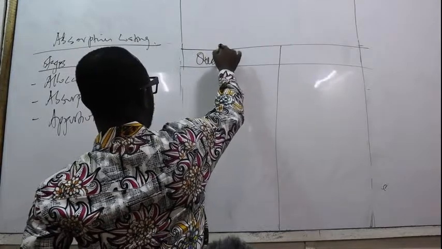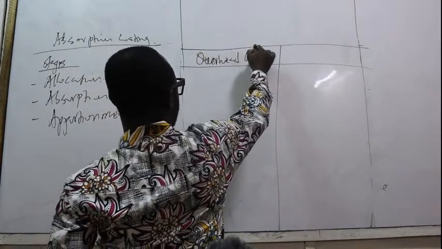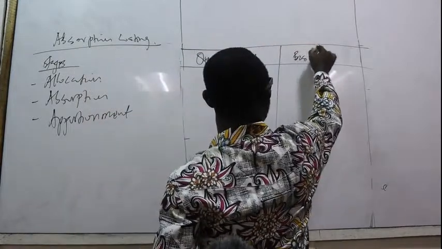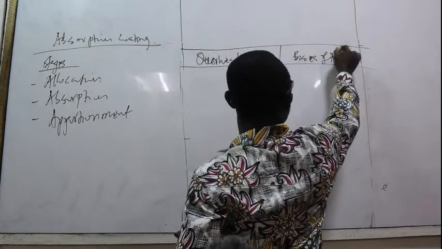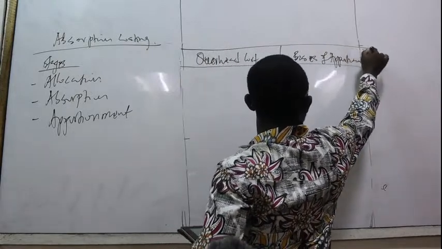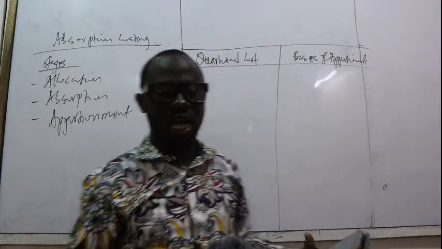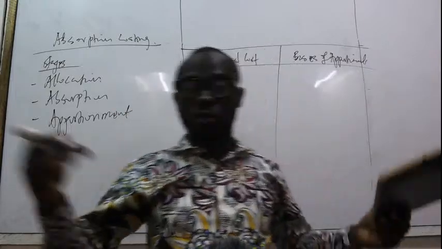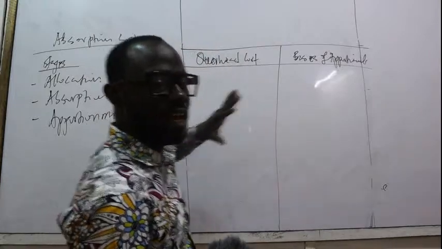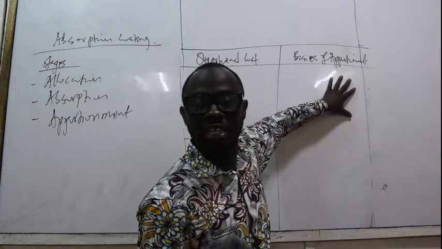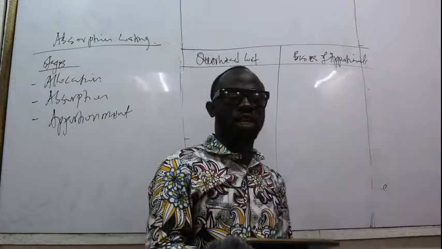So overhead cost and then basis of apportionment. If you want to charge something to a particular cost center or cost unit, how do we go about that? We have the overhead item, then we find out how that can be shared between the cost centers. So let's see.